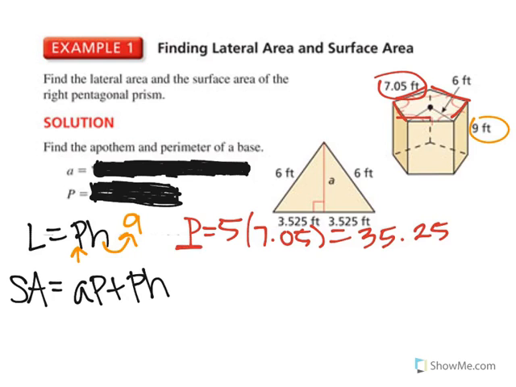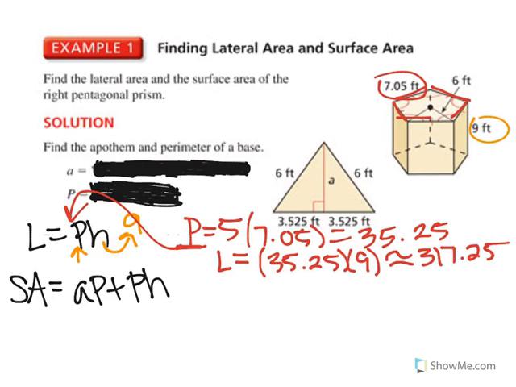Now that I know what my perimeter is, I'm going to plug this in for P. So I have enough information to plug into my lateral area. Lateral area is equal to 35.25 times 9, and when I plug that into my calculator, I get about 317.25.